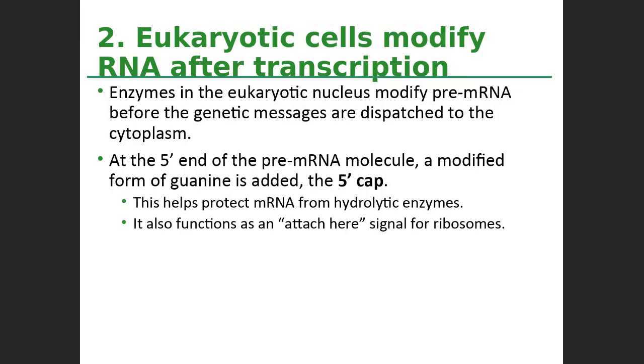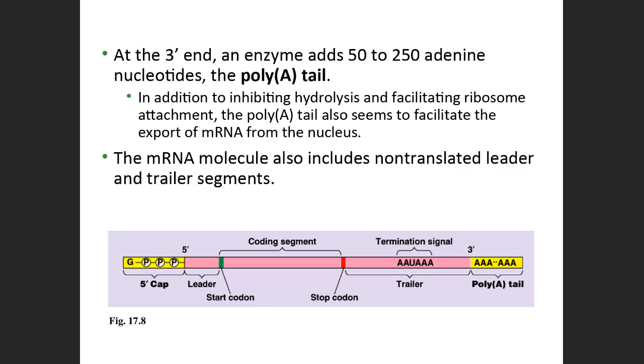And the 5' cap also functions as an attach-here signal for the ribosome. On the 3' ends, a bunch of adenines are added, and we call this a poly A tail. So anywhere from 50 to 250 adenine nucleotides are added to the end of that RNA transcript.